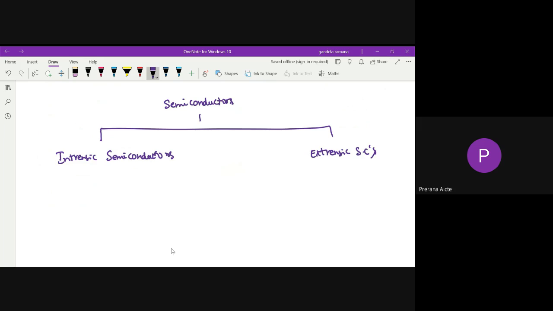Intrinsic semiconductors means pure semiconductors. In intrinsic semiconductors, we have to see the structure for that.